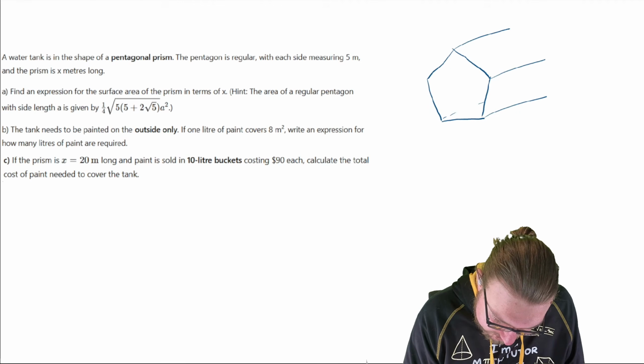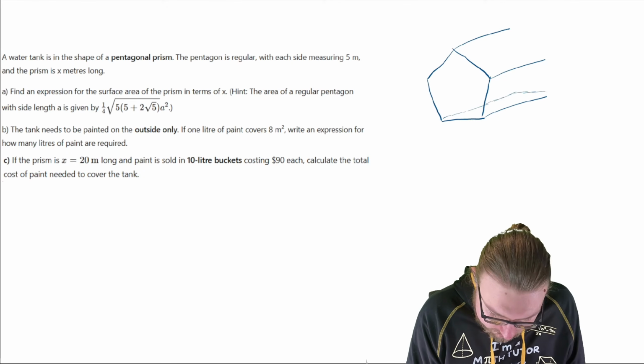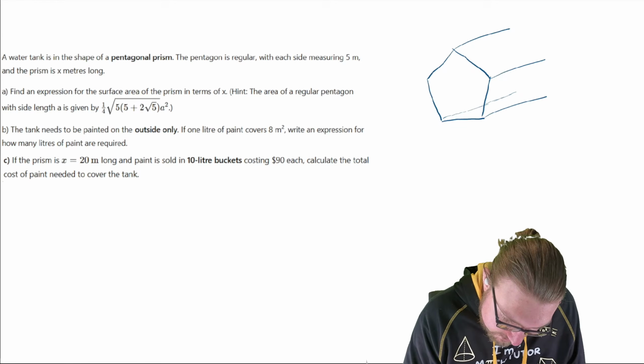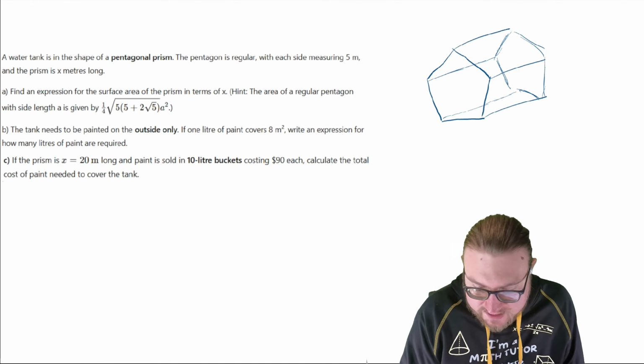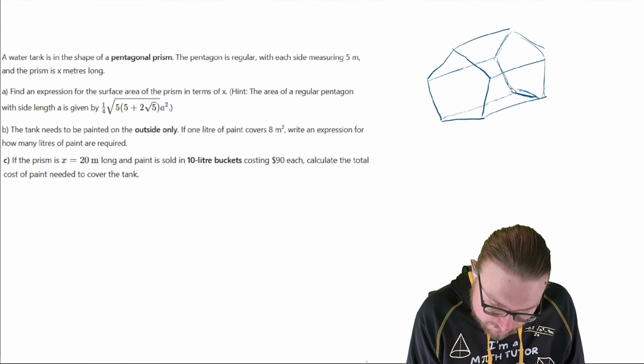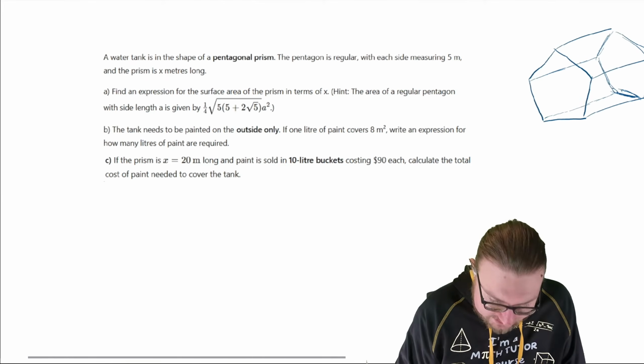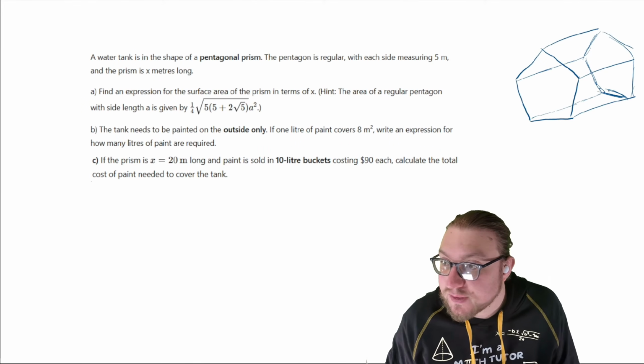Can I draw that? There we go. Something like this. And like this. They should be all the same length. So let's see if that looks like a pentagon at the back. Yeah, kind of does. It's not terrible. There we go. So this is the shape that we're looking at.